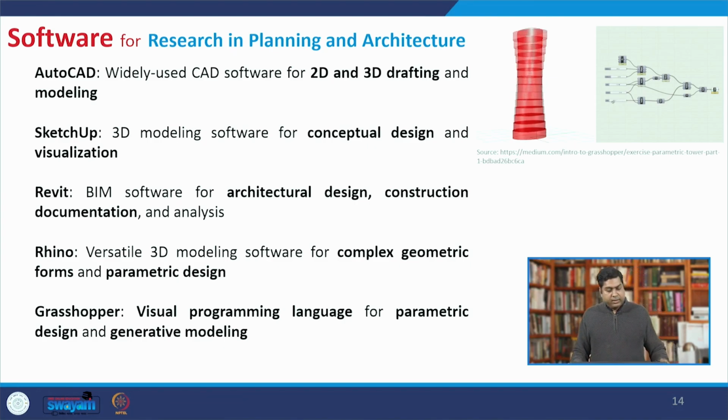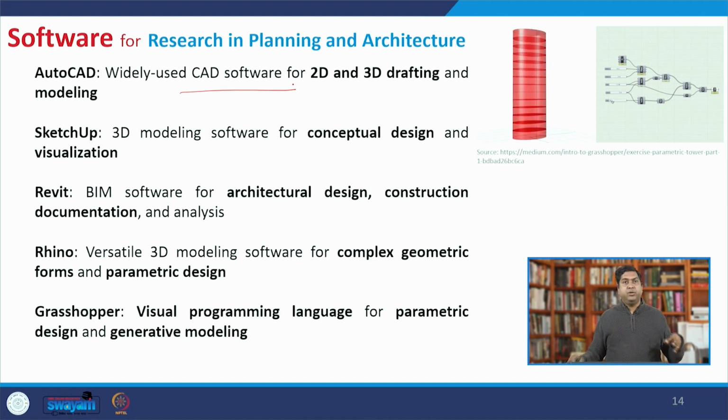Like AutoCAD, it is widely used computer aided design software for 2D and 3D drafting and modeling. When I initially started using AutoCAD, it had very few options, but now you can do so much modeling, and even good rendering as well.